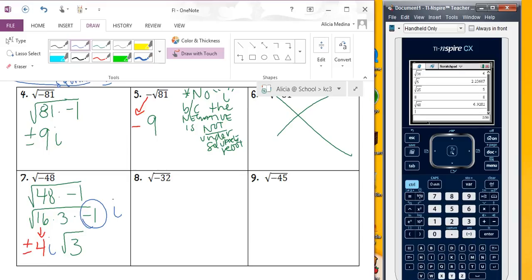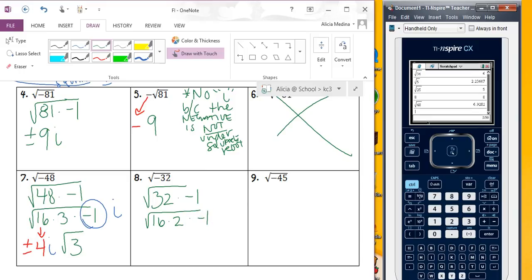Looking at number 8, I would like to break that up as much as possible. 32 times the square root of -1. If I check the square root of 32, that is not a perfect square. So again, go to your multiplication chart. Try to find that biggest perfect square. What we see is that 16 times 2 gives us 32, and 16 is that perfect square.